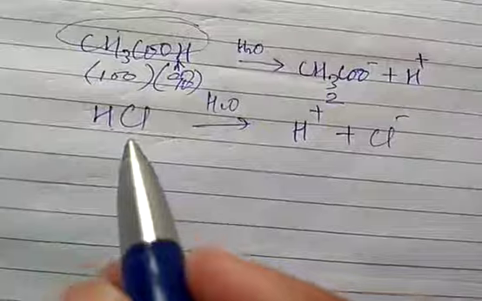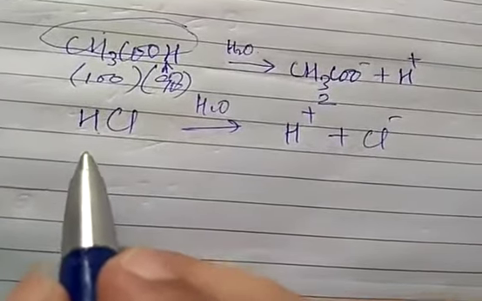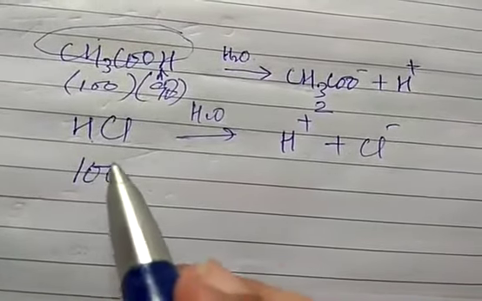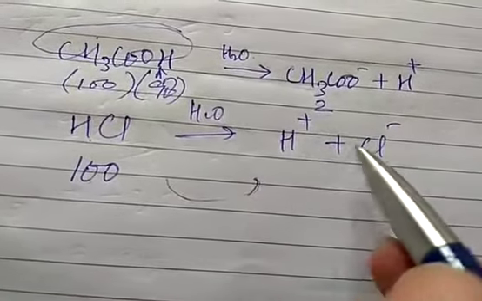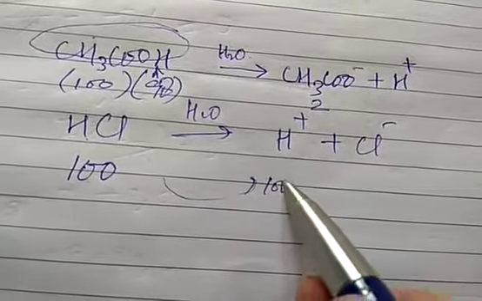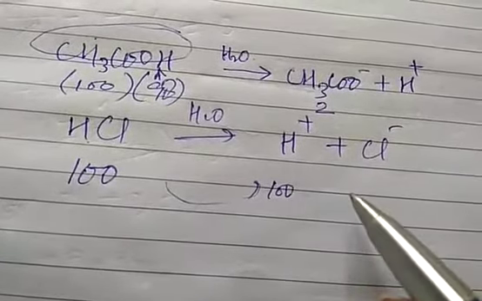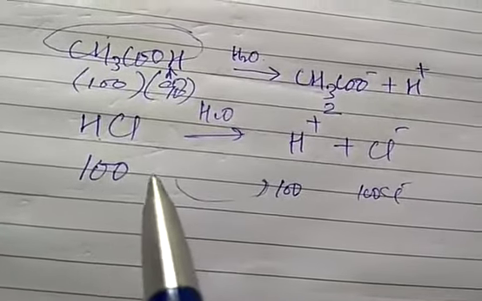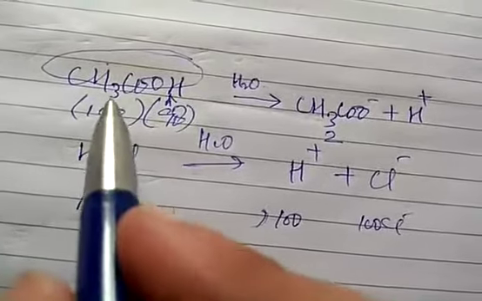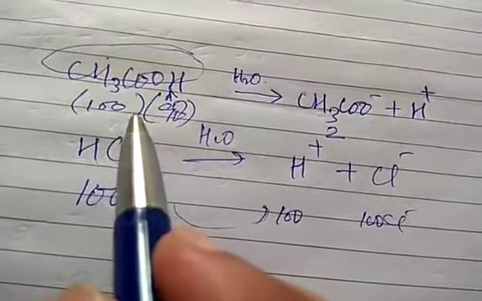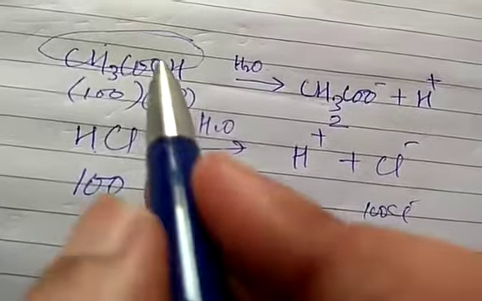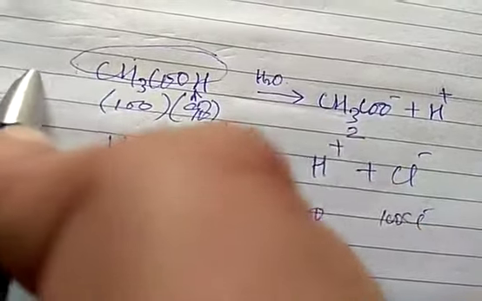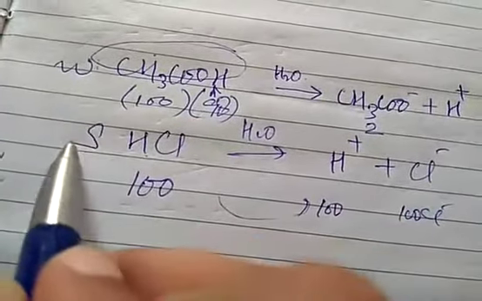Whereas in this case HCl, if I start with 100 molecules, all the 100 molecules will be broken down into H plus and Cl minus. So what will be the result? There will be 100 H plus ions and 100 Cl minus ions. It means all the molecules have been broken down, whereas here only 2 molecules have been broken down and the remaining 98 are the same. So from here I can consider this to be the weak acid and this to be the strong acid.